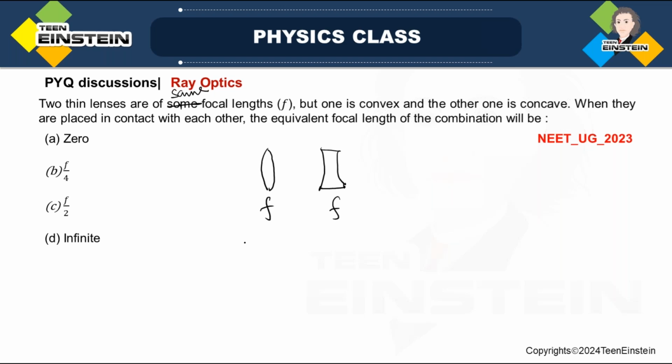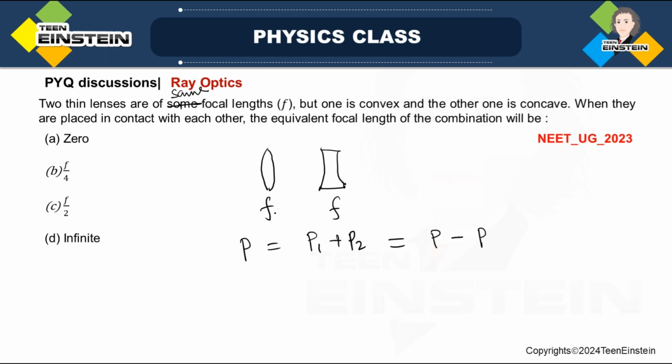You just find the equivalent focal length. We know the power of a combination of thin lenses is additive, so P1 plus P2. For convex the power is positive, and for concave it is negative.